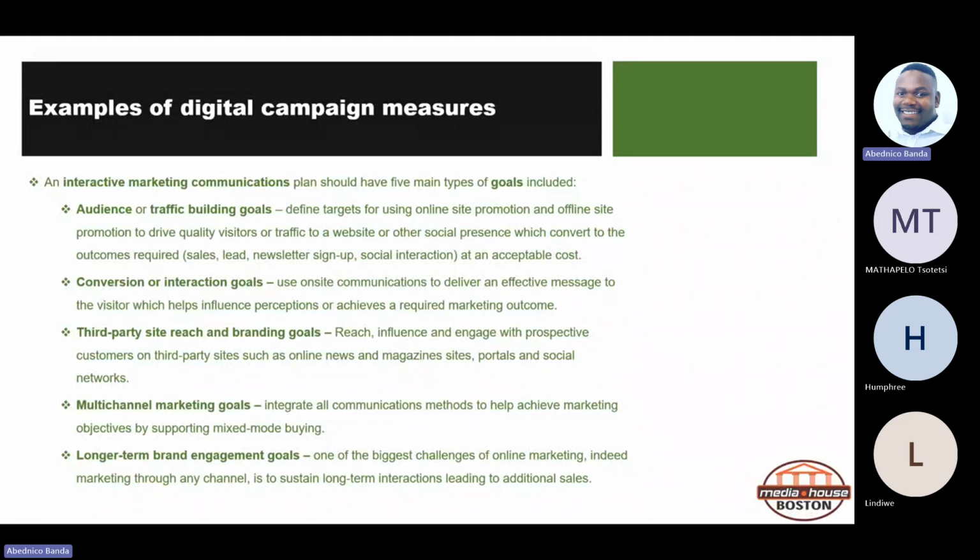So the traffic building goals define targets for using online site promotions and offline site promotions to drive quality visitors or traffic to your website or other social media presence, which convert to outcomes such as sales, newsletter sign up, donations, and so on. That's how you put traffic, because traffic actually matters nowadays on social media. Other than the content that you are putting on your digital accounts, you can also earn revenue from the number of people who come to you.